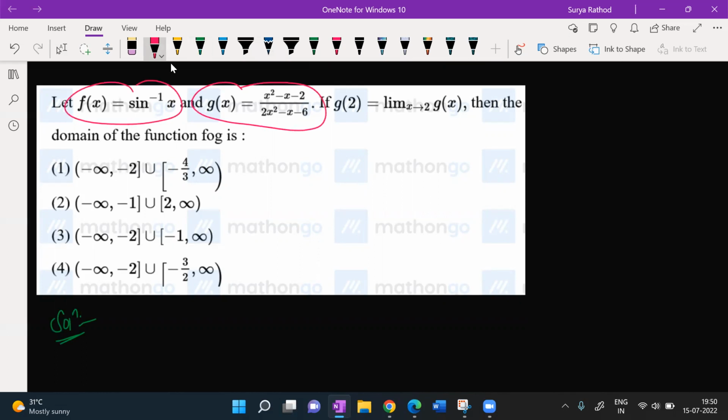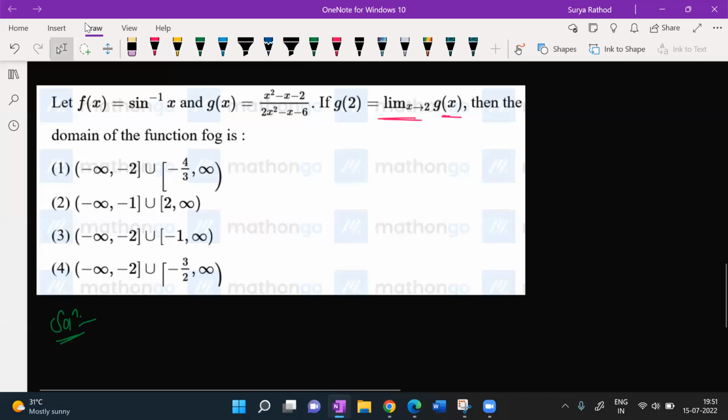G of x is equal to this. G of 2 is given as limit x tends to 2 of g of x. Then what is the domain of the function? Make it fast. Last 45 seconds.